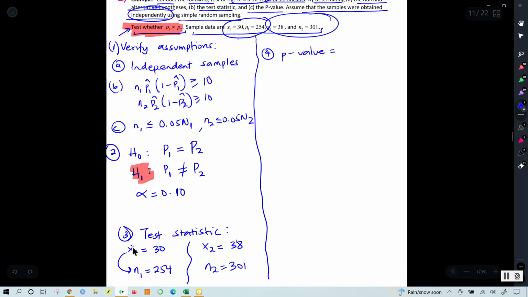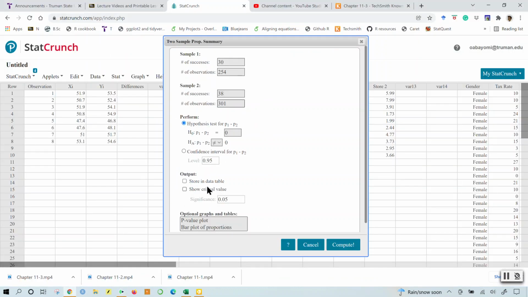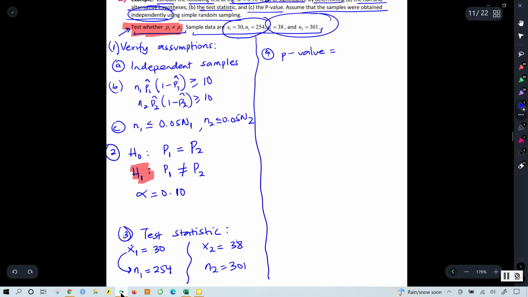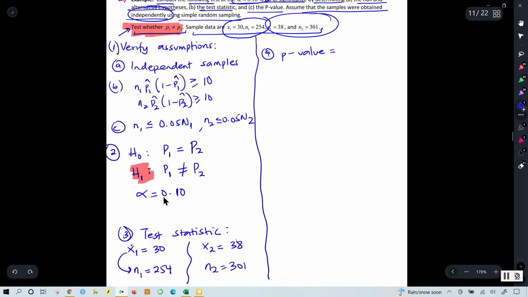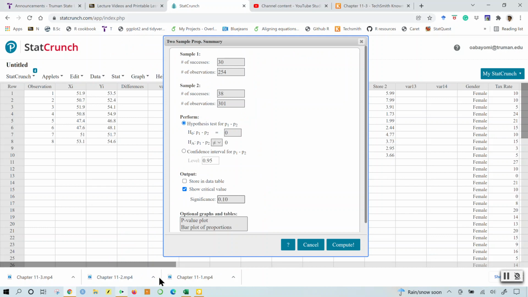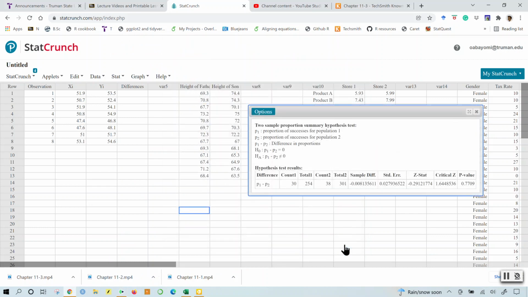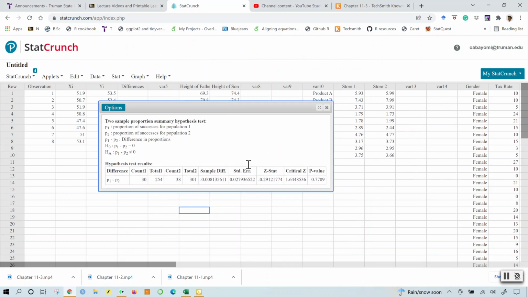And then for the alternative hypothesis, the inequality should be not equal to, so that's already fixed. I would like to conduct a hypothesis test, and I would like to show the critical value when the significance level is 0.10. So I will set that correctly, 0.10, and compute. My test statistic is negative 0.29.